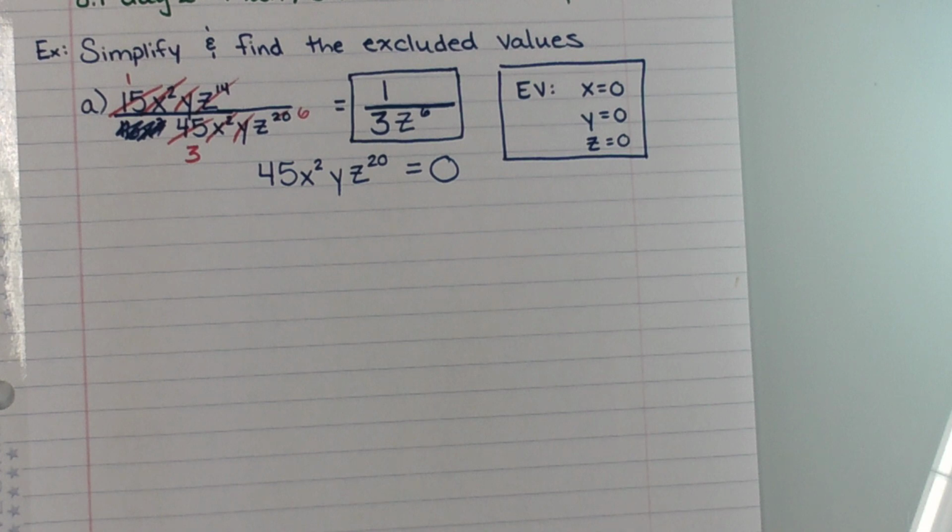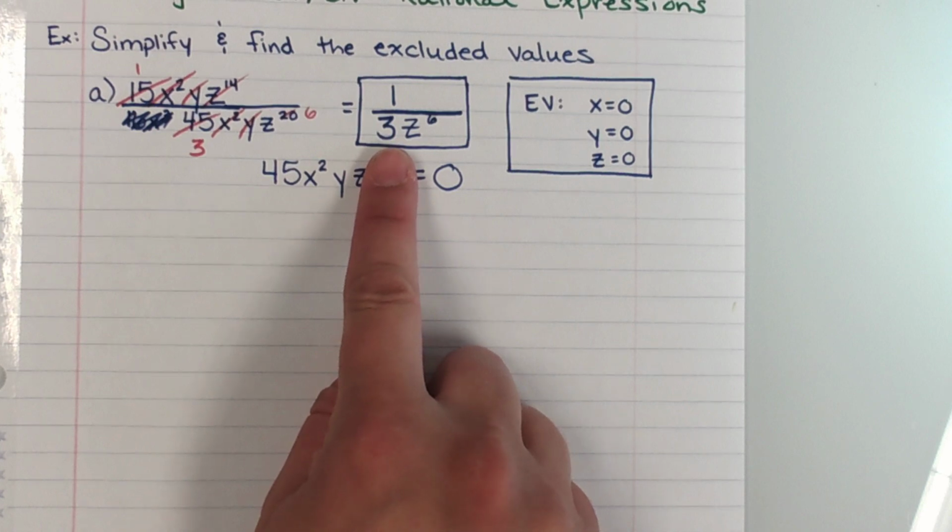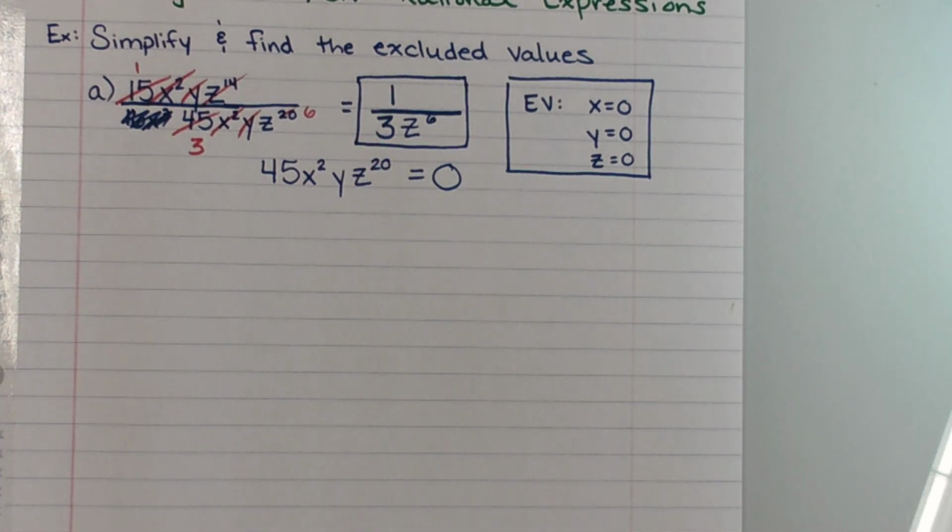You do need to make sure that that's the original denominator that you're working with, though. Had you set the simplified one equal to 0, you would have gotten z equals 0 as one of your excluded values, which honestly is the most important of the excluded values because it shows up as excluded in both the original and the simplified form. And you probably noticed in the simplified form there's no y or x in the first place.